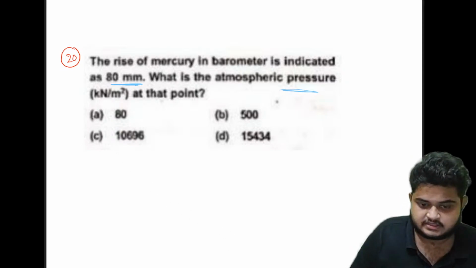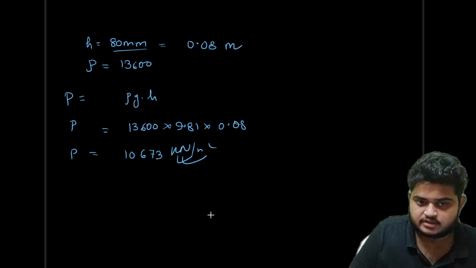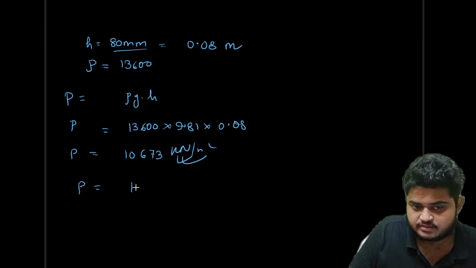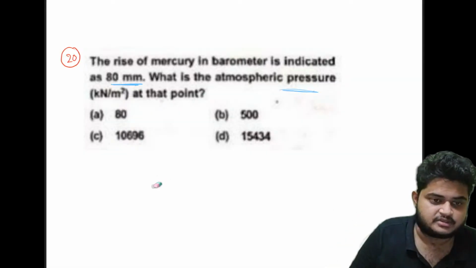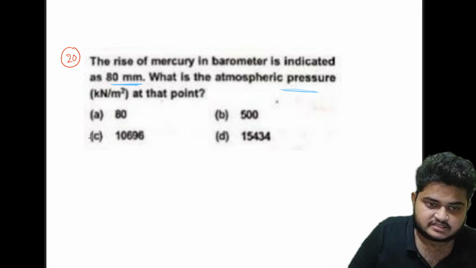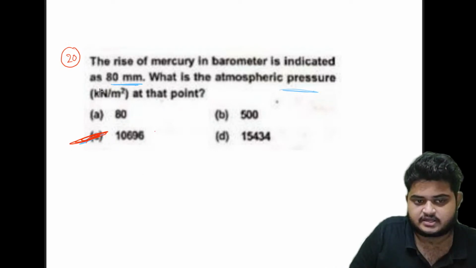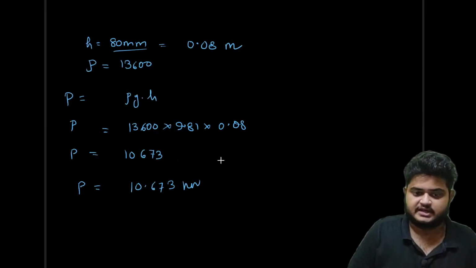I think that this will be coming out in Newton, but in kilonewton this will be coming as 10.7673 kilonewton, and this will be coming out as Newton, right? So I think there is a problem in the question, but according to the answer, this will be the right answer. Option C will be the right answer, right? So this is the right answer.